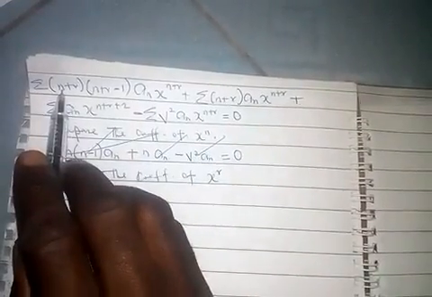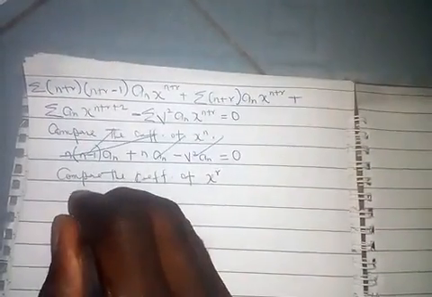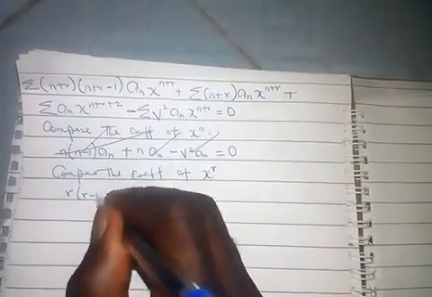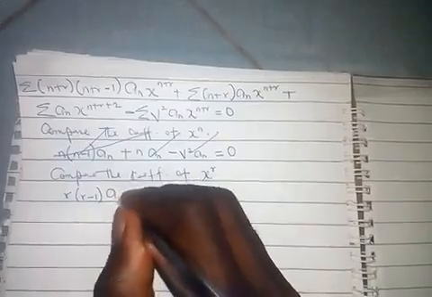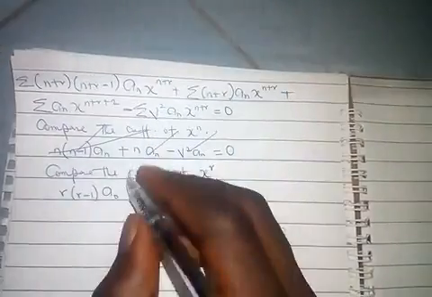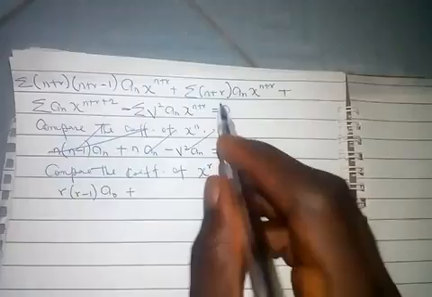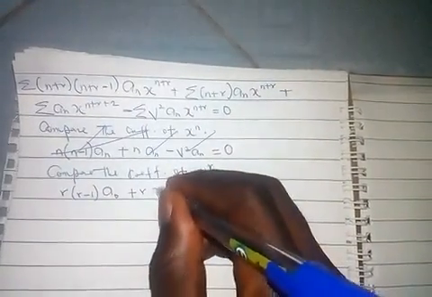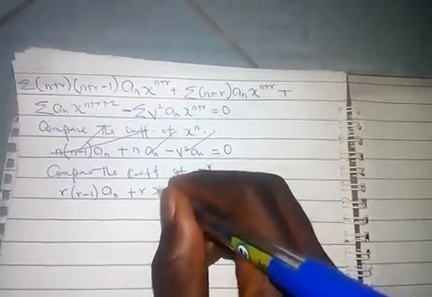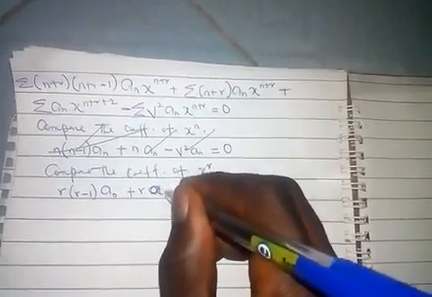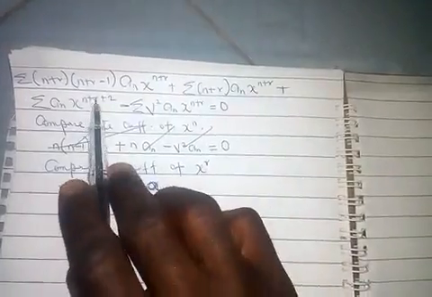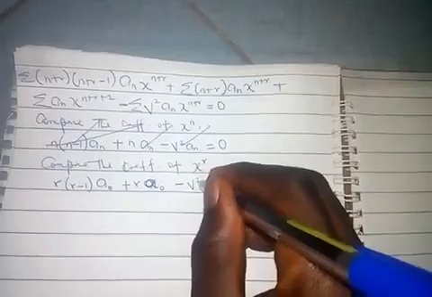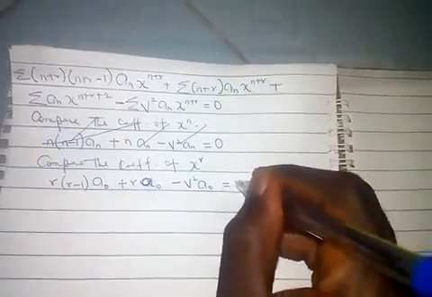Now put n to be 0 here. Here will be r into r minus 1 a_0, plus here r a_0, then here minus v² a_0 equal to 0.